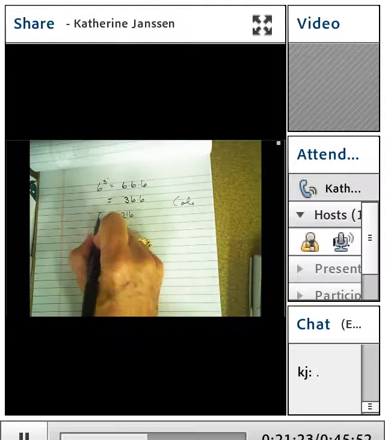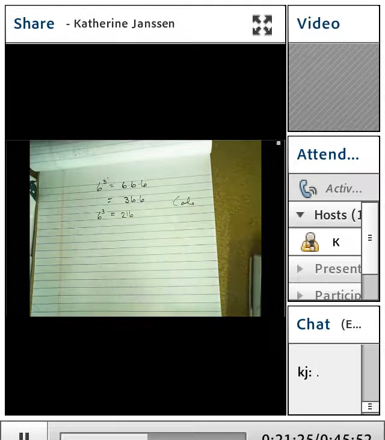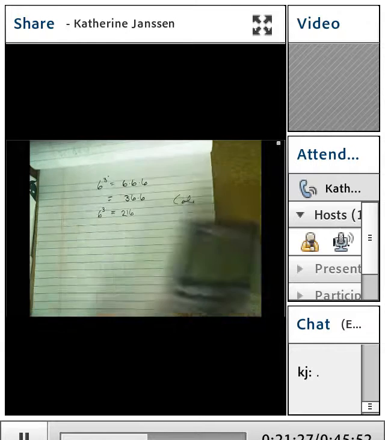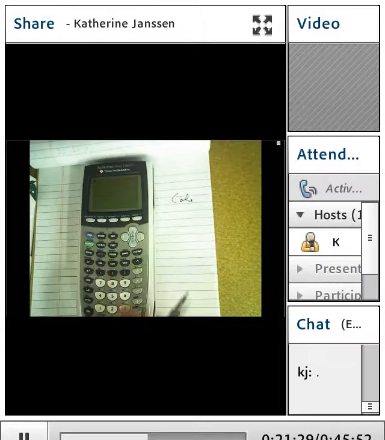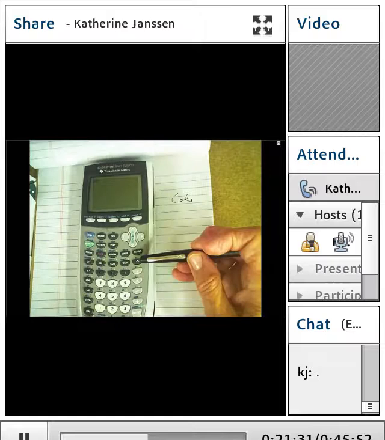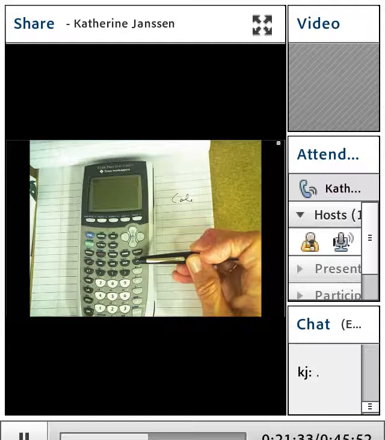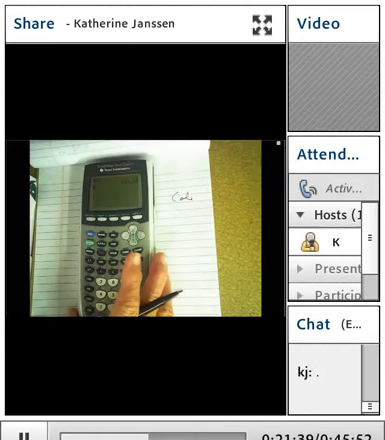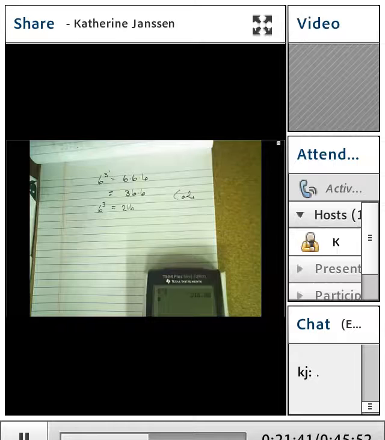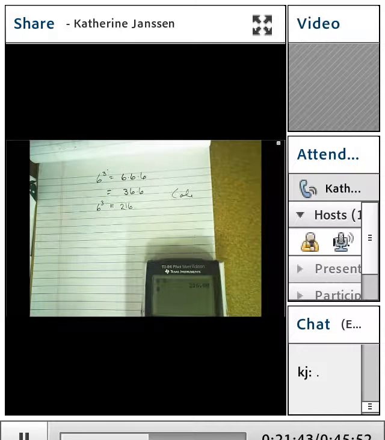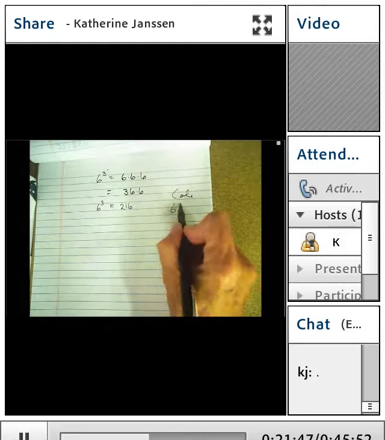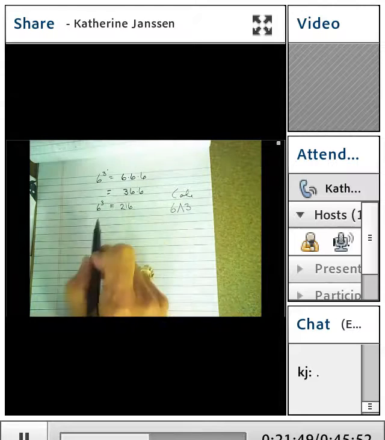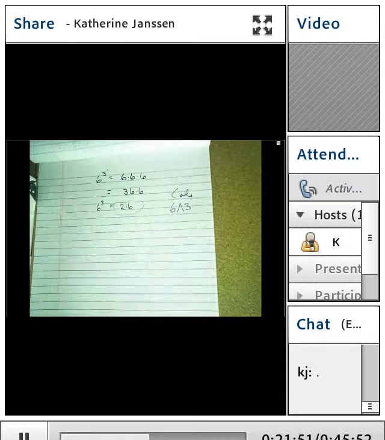So 6 cubed equals 216. Or on your calculator, remember we have the base raised to the power. We're going to use the caret symbol, the up arrow symbol, 6 raised to the third power is 216. So we can circle our answer.